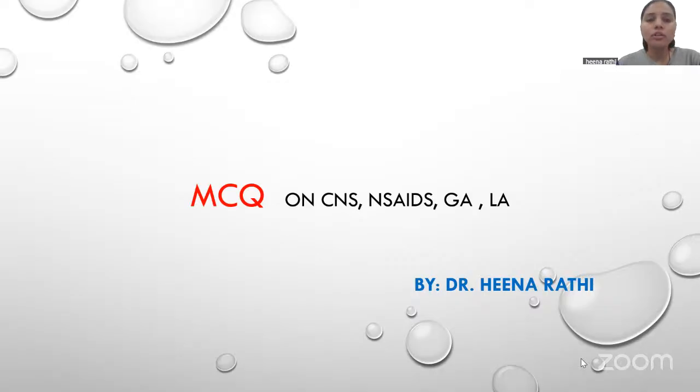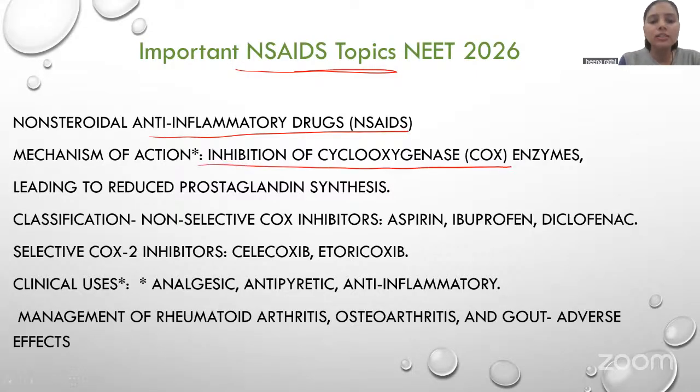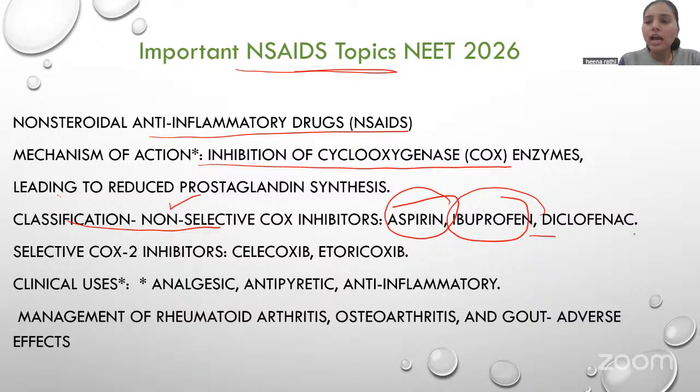The important contents for NSAIDs are the mechanism of action of these drugs, then the classification, which leads to the non-selective COX inhibitors. In the non-selective ones, aspirin, ibuprofen, and diclofenac are very important.